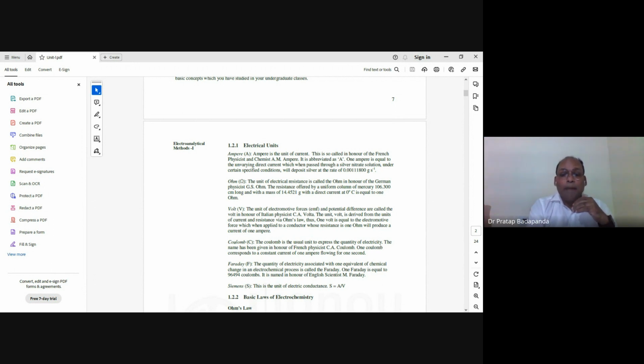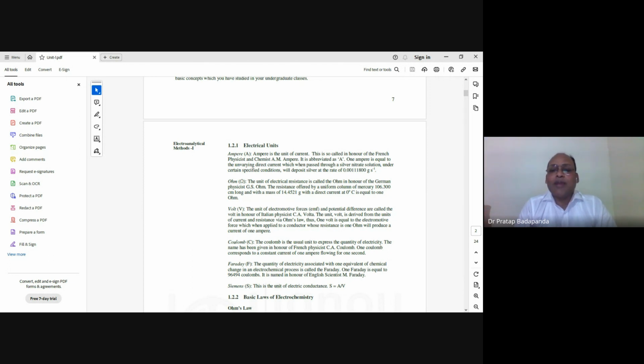So ampere is the unit of current. If we say 1 ampere, 2 ampere, 3 ampere, 4 ampere, like this. This was discovered by a French scientist, A.M. Ampere.